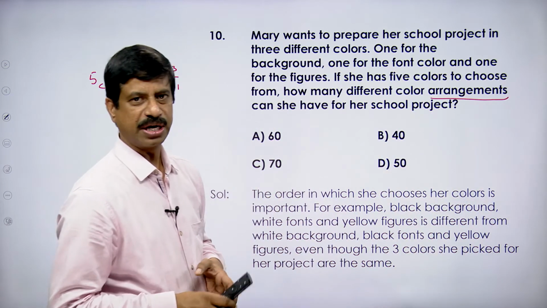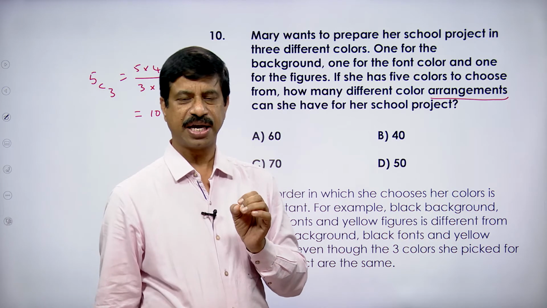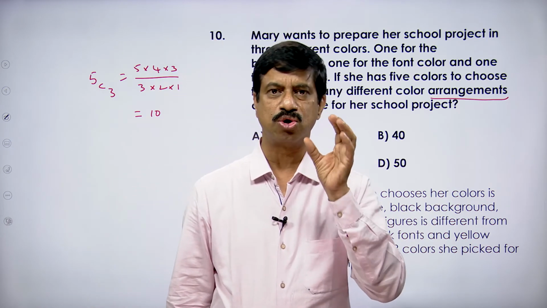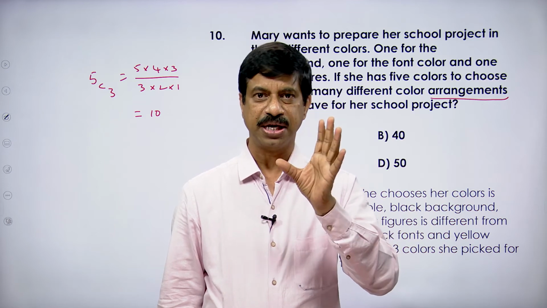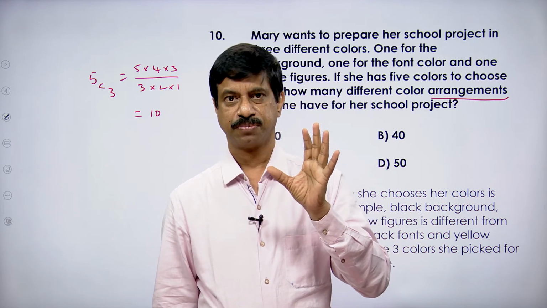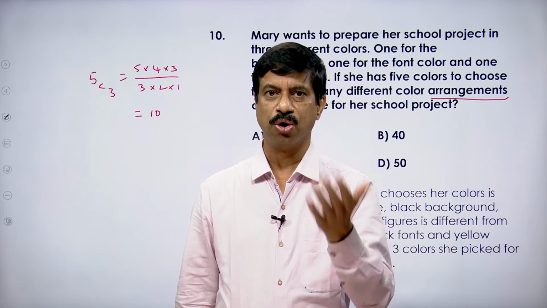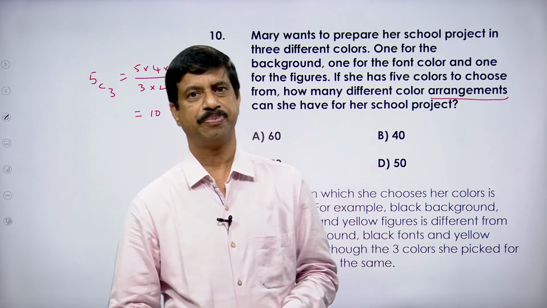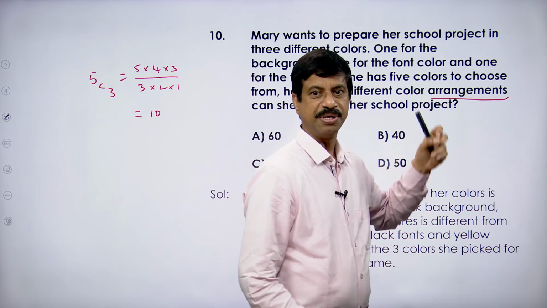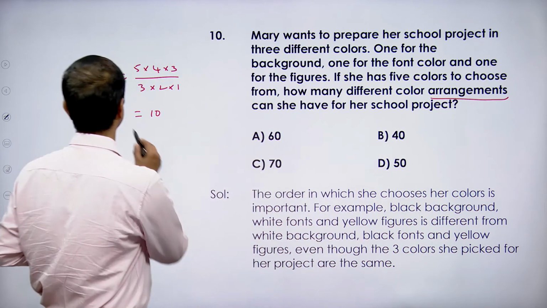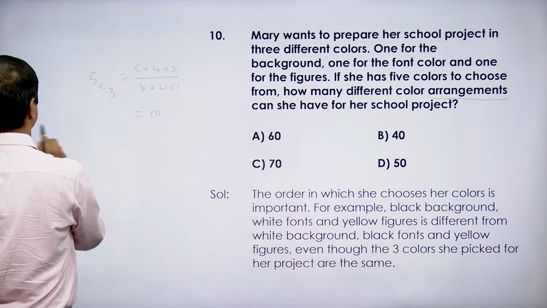Yeah, children, now look at this. See, in the previous case, the colors were not allowed to be repeated. When the colors will not be allowed to repeat, then it is combinations. When repetition is allowed, if the colors can be same anywhere, then arrangements is said, no? Arrangements means that is permutation. So you'll get it as 5P3.